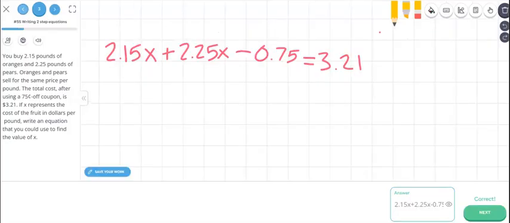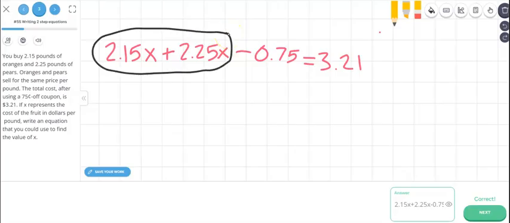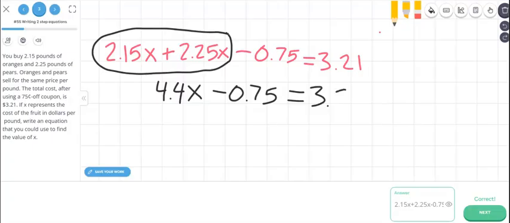Hopefully it will accept this answer. If you want to combine these like terms, the other answer would be 4.4x minus 0.75 equals 3.21. So both of those answers will work.